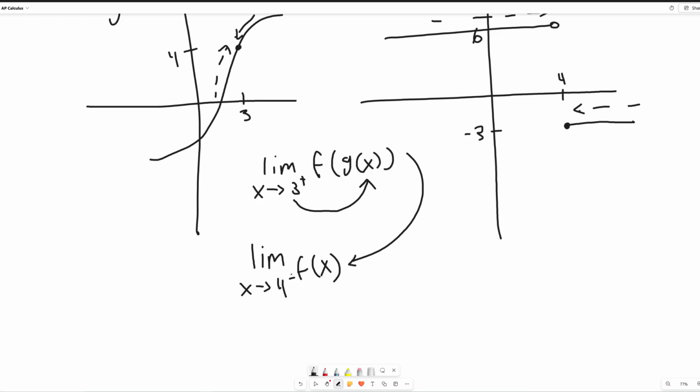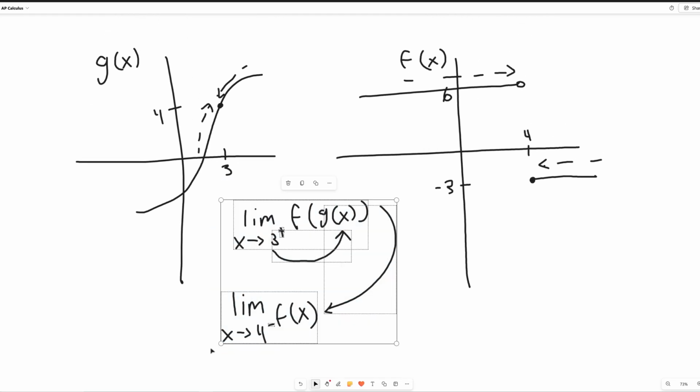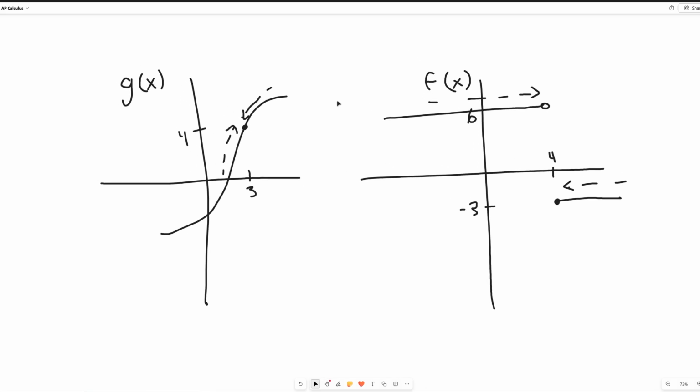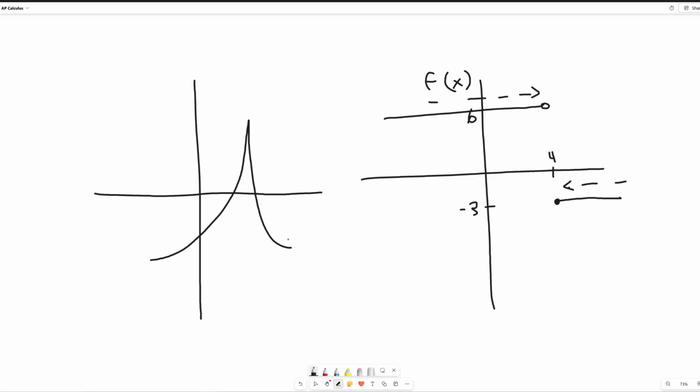However, let's say g of x was not this nice, beautiful curve. And let's say it had a bump at x equals 3, right? And this is 4.